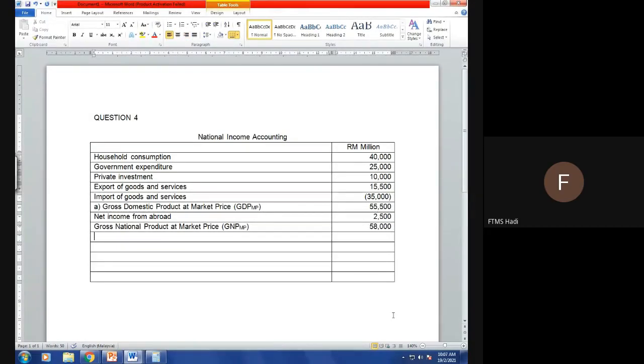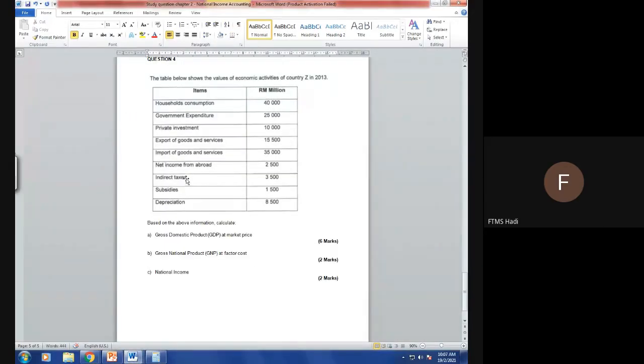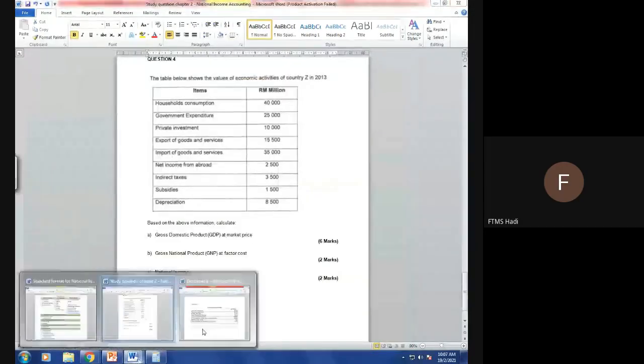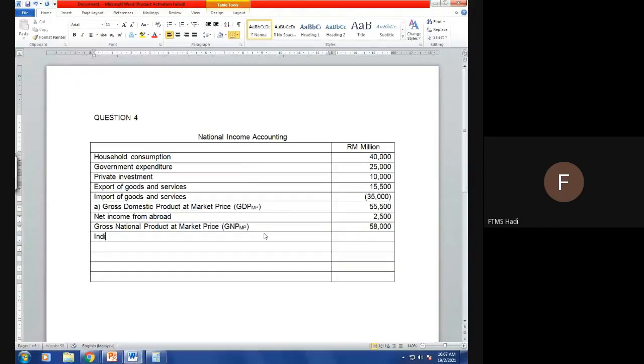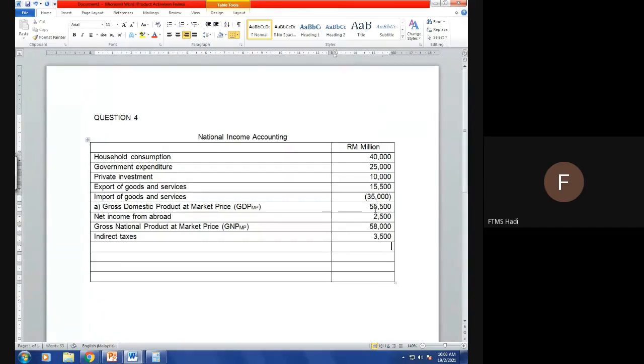Then we have indirect taxes and subsidies. From the formula, you need to add indirect taxes minus subsidies. Indirect taxes is 5,000. Subsidies you need to minus, 1,500.